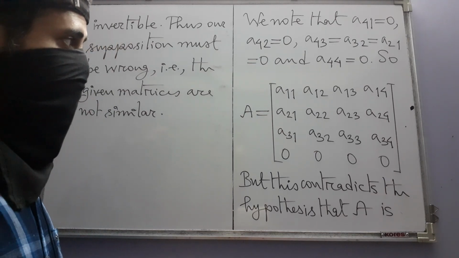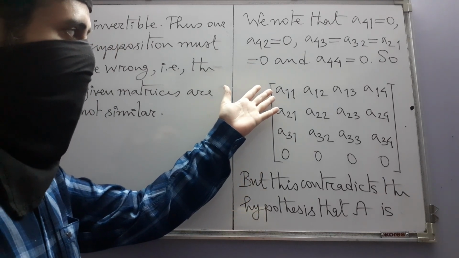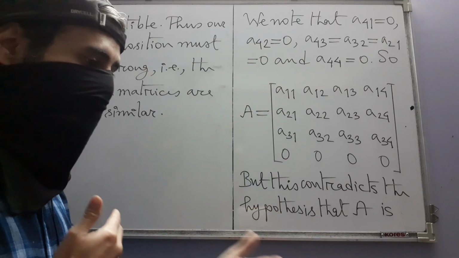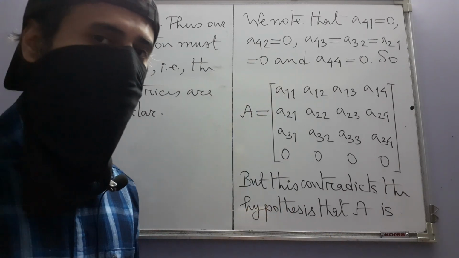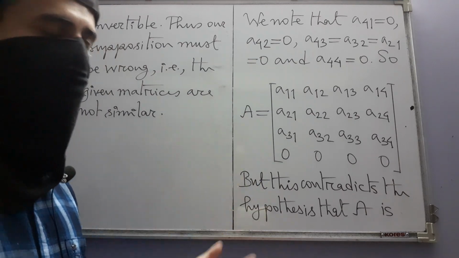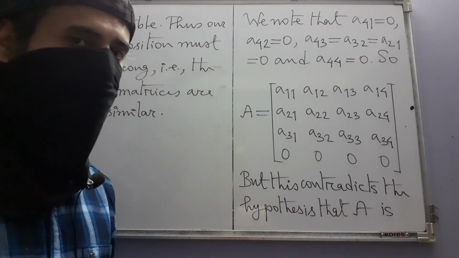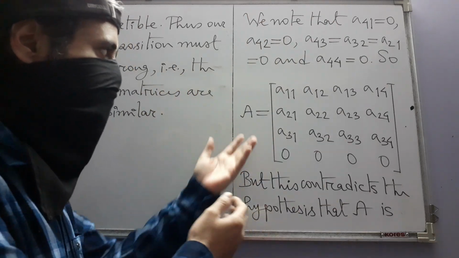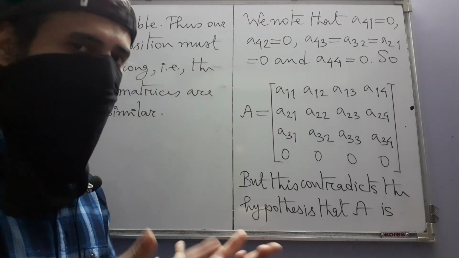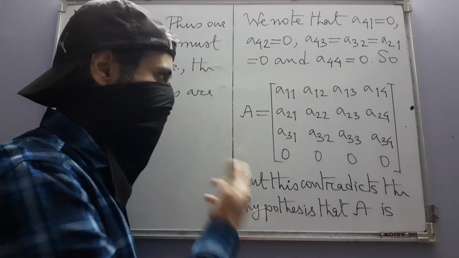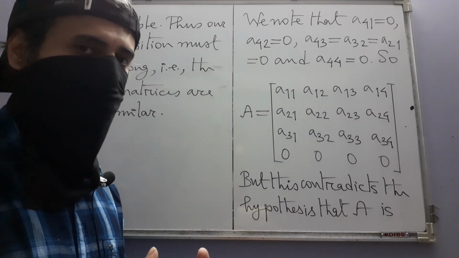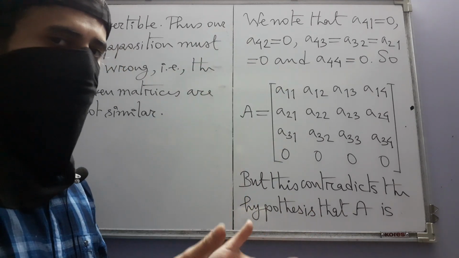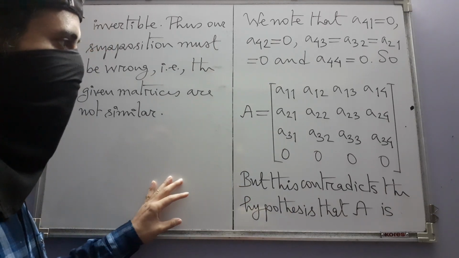Now, if you just, without thinking much, start writing what A inverse is, then everything will be unimaginably complicated. Of course, if we are assuming that it's invertible, there is an expression for writing the inverse, a somewhat complicated expression.